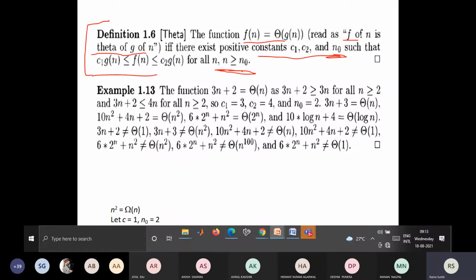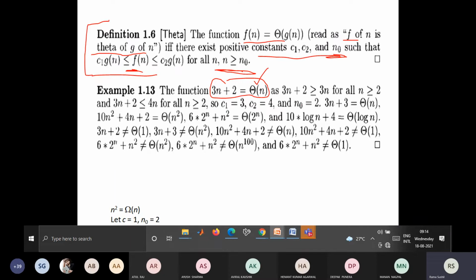Now it is written in terms of a paragraph, but actually what it says is that you will find a lot of matching with omega and big O also. Like you can say this particular function 3n plus 2 can be written as theta of n, because you are able to find C1 and C2 to show that this function is less than C2 times g(n) and greater than C1 times g(n).